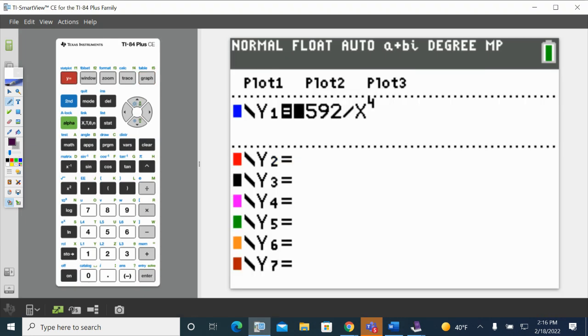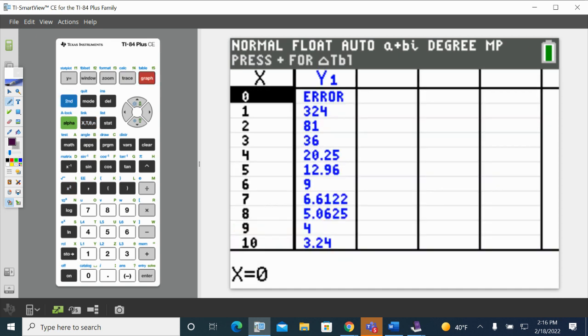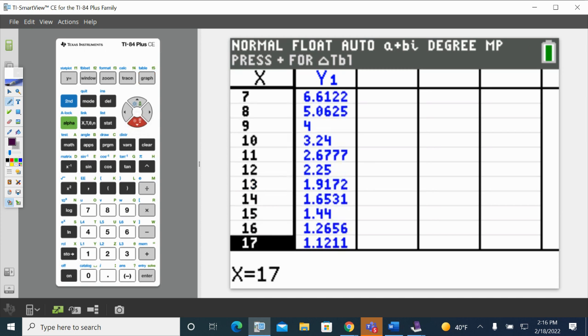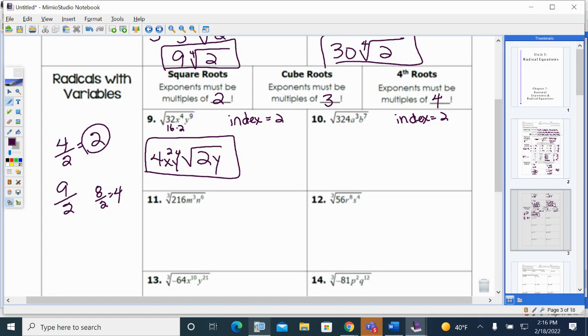Y equals 324 divided by x squared. And I get, oh, it's a perfect square. 324 is a perfect square. It's 18. Okay. I didn't know that one. So the square root of 324 is 18.